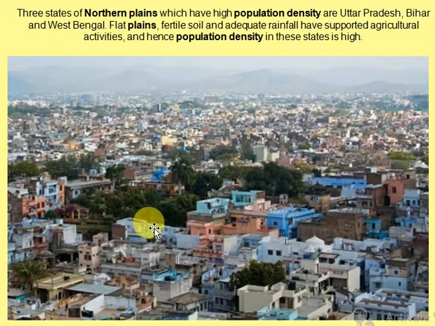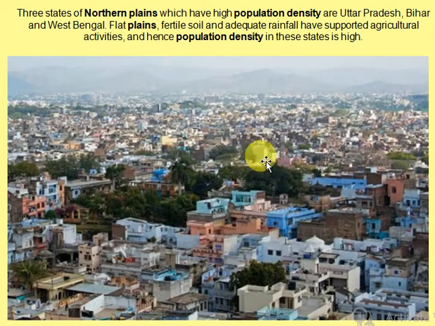And as compared to the plain areas, mountain areas have sparse population. People live in very far away places in the mountains because life is very tough. Facilities are not available. You don't have a dense network of roads or railways in the mountain areas. Employment opportunities and better medical facilities are lacking; all these are some of the push factors by which people migrate from mountainous areas to the plain areas.